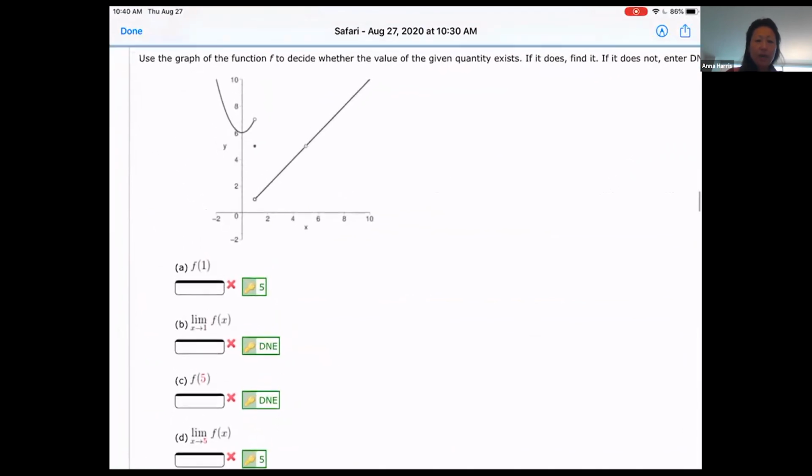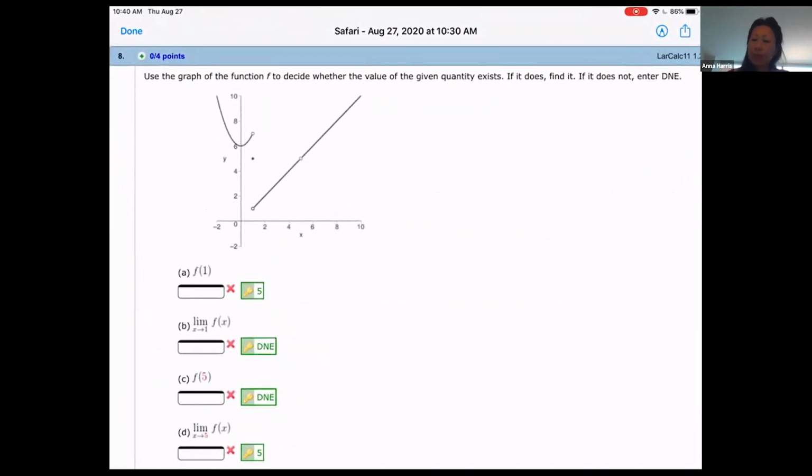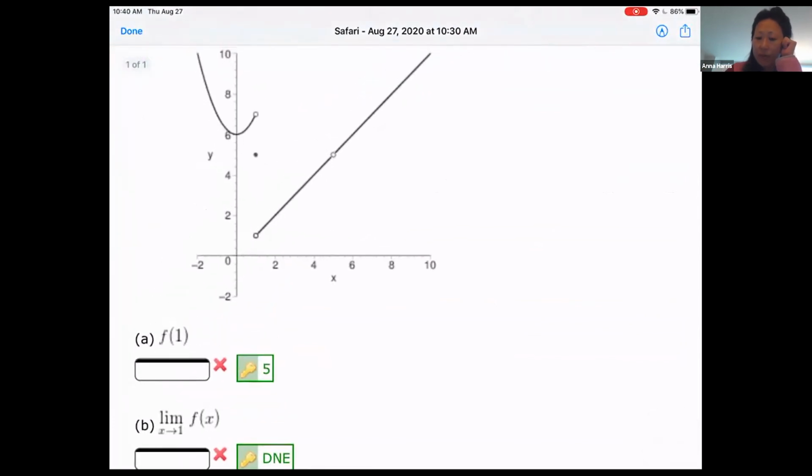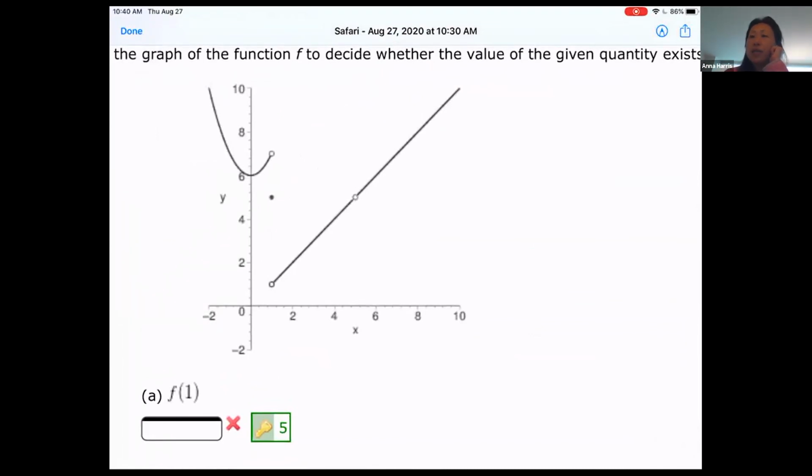Okay, this is a very good problem. Let's do the 8. Okay, this is your 8. So now let's look at f of 1. Hopefully you can see my graph. Okay, let me make it bigger. It's asking you f of 1. So this is a 1 right there.